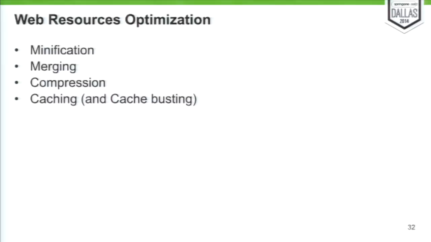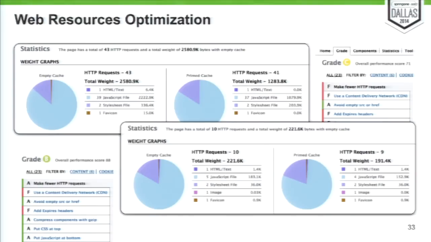So in terms of tooling: minification, merging, compression, caching. That certainly becomes a big part of deciding which tooling I want to use for building my application. For example, anybody who's using YSlow? A few people. It's a plugin, originally for Firefox, that came from Yahoo.